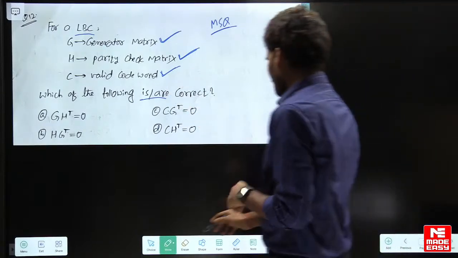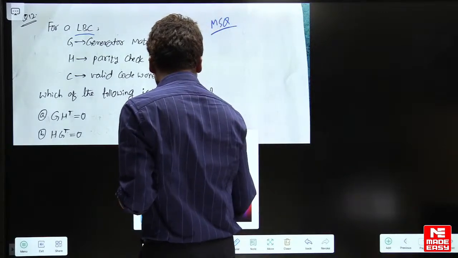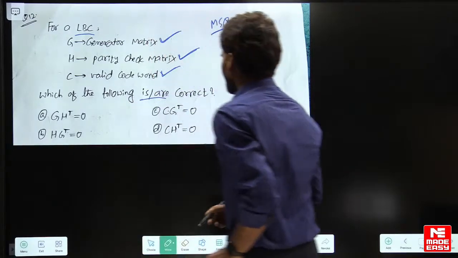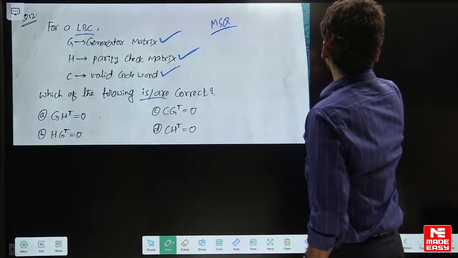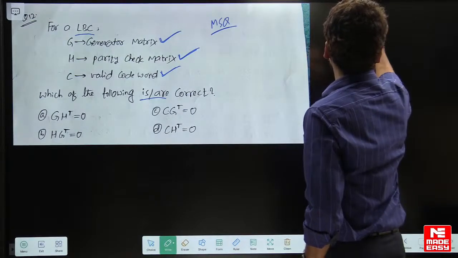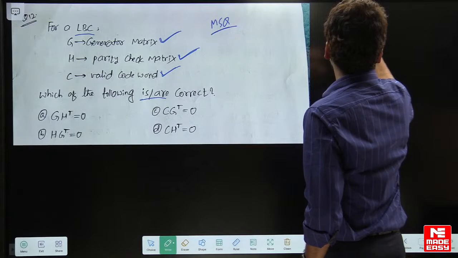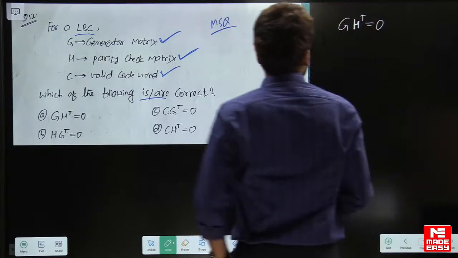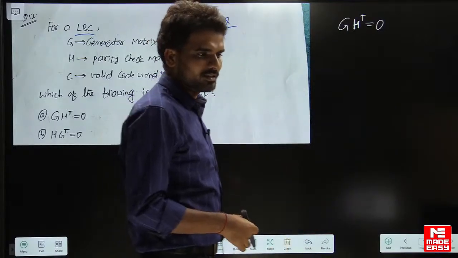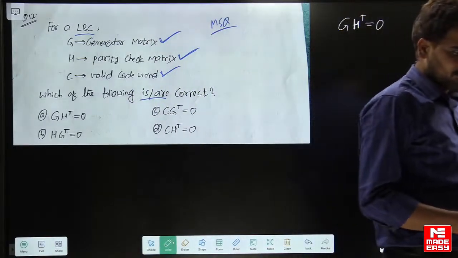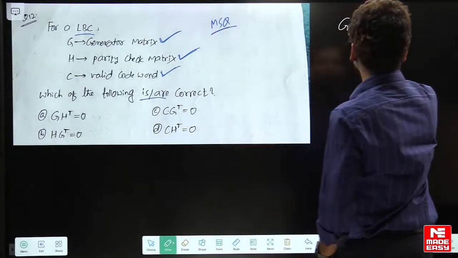Now see this. We know some standard results, that is, for an LBC, G into H transpose will be 0. This is a standard result. And C into H transpose is also 0.